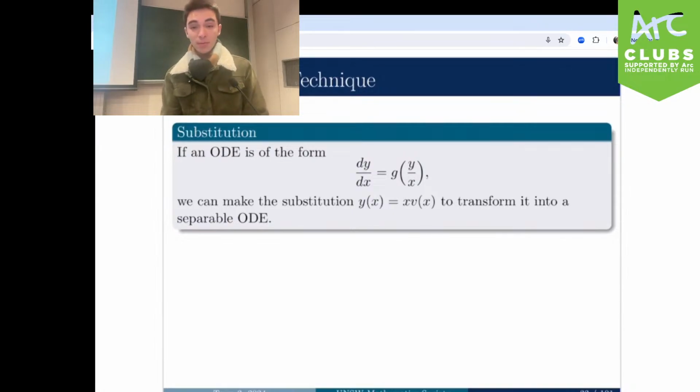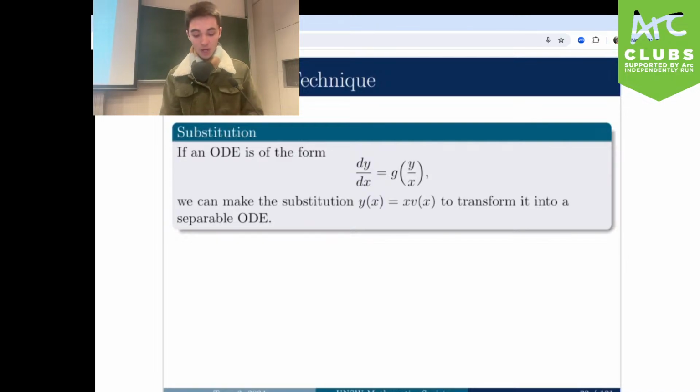Okay, sometimes you'll be given an ODE that isn't separable at first glance, but sometimes you can make it separable by performing a substitution, specifically the substitution y is equal to x times v, where v is some function of x.